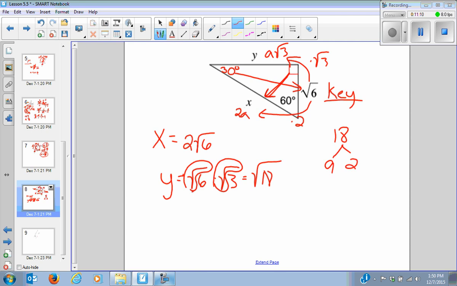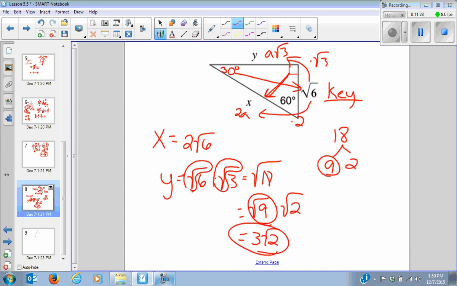If you want me to teach you the other way, we've kind of gone over in my class the way that I like to do square roots. Once I see that that's a perfect square, I can do square root of 9 times the square root of 2. Square root of 9 is 3, so I get 3 square roots of 2. So that's my y equals, and that's my x equals. Again, if you need to go through this again, go through it a little bit slower. Take your time and pause the videos, but last one.